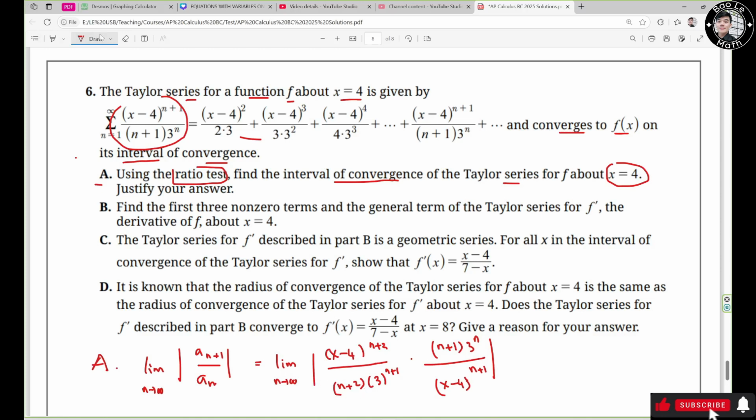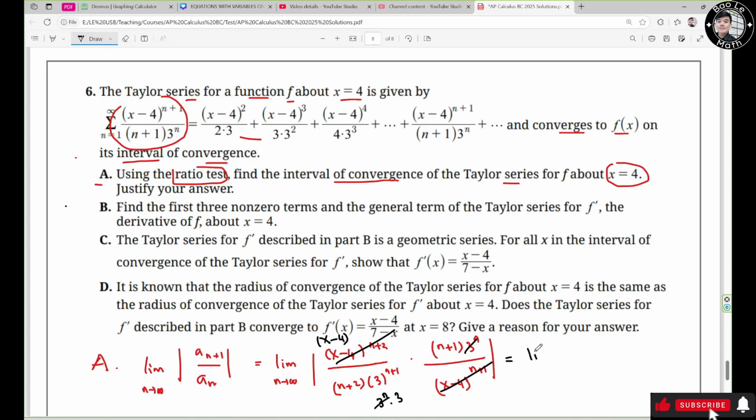Now we're gonna simplify this one. (s minus 4) raised to the n plus 2 over (s minus 4) raised to the n plus 1 turns out to be s minus 4 left here, right? Now 3 raised to the n plus 1, I just write 3 raised to the n times 3, so this cancels out.